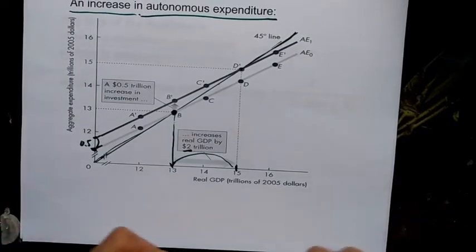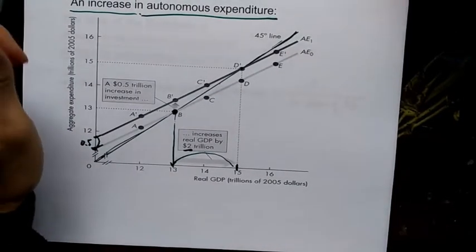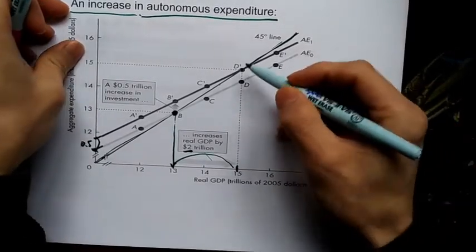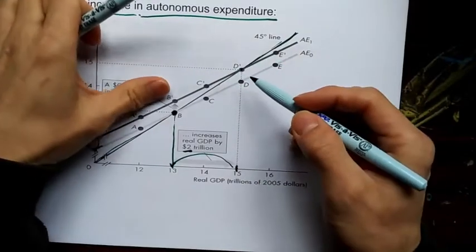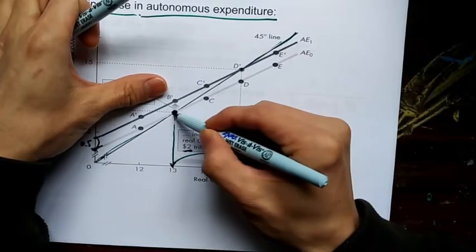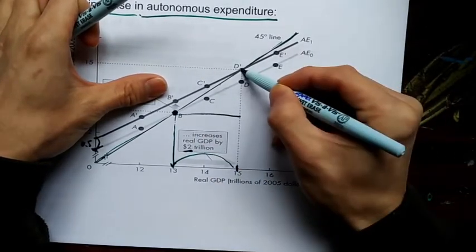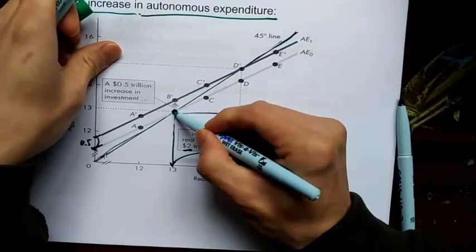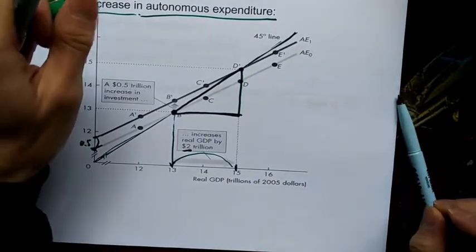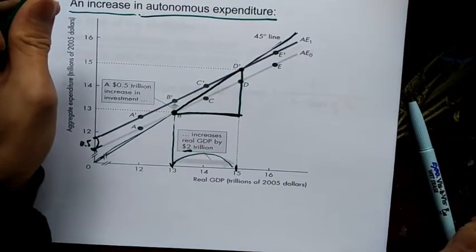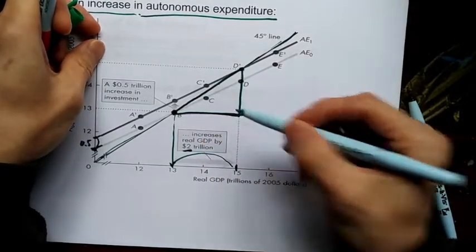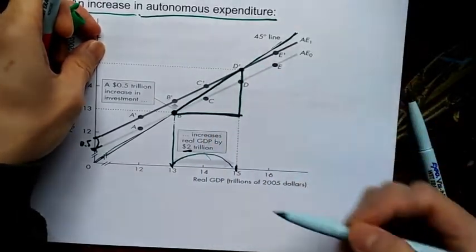Now let's look at this graph. Let's ignore this example. Suppose that, look at this triangle. What is this triangle? This is a right triangle, right? Because it's on the 45-degree line.